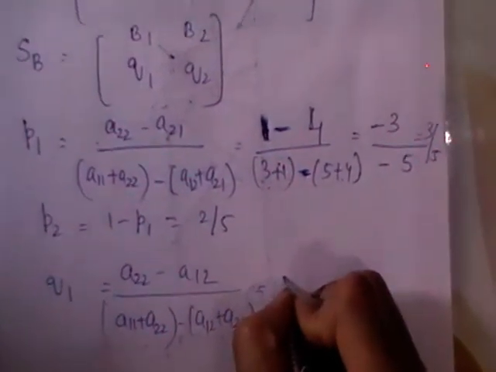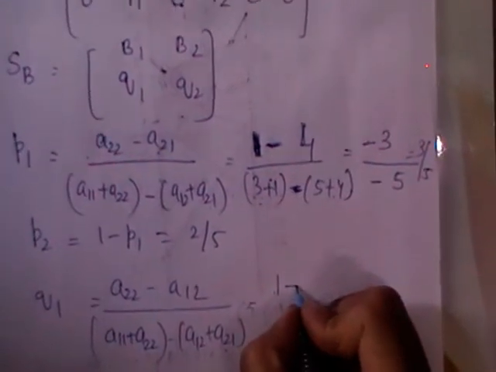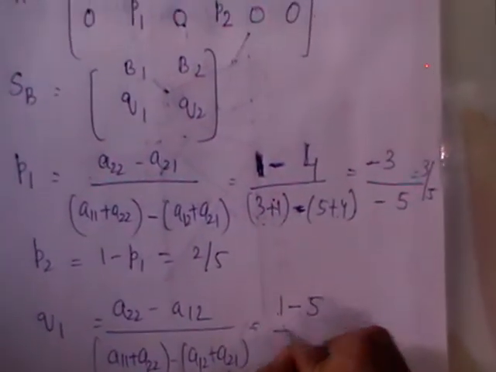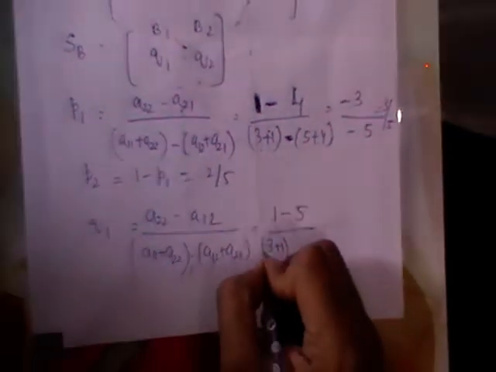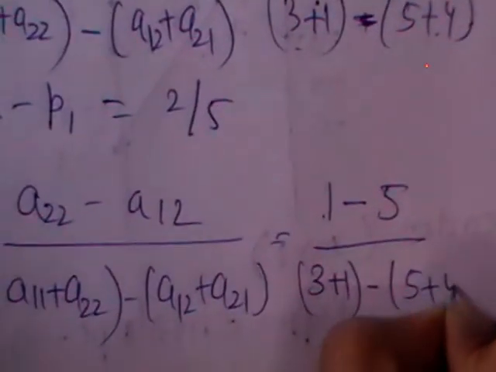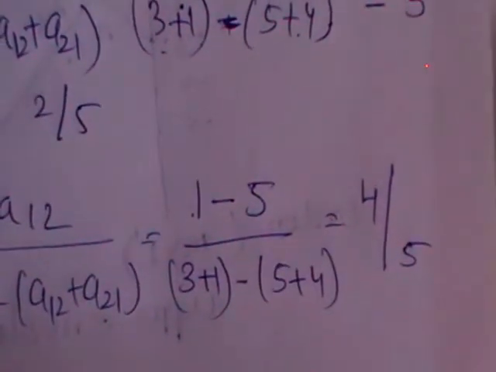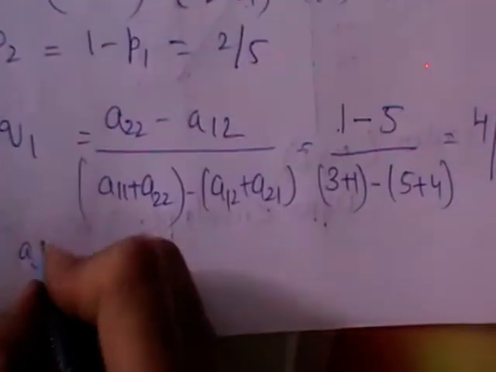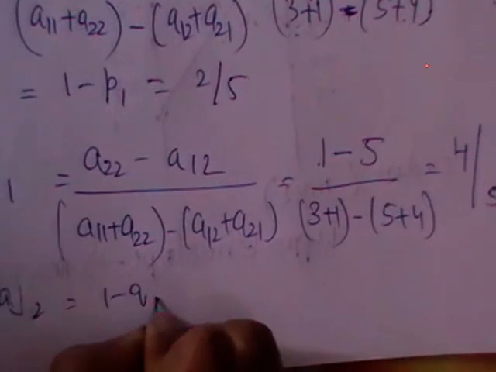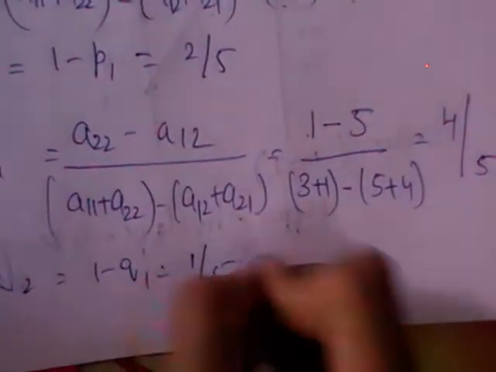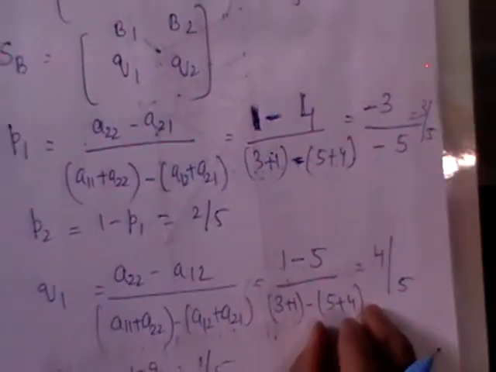What is A22 here? 1 minus, what is A12? 5, divided by 3 plus 1 minus 5 plus 4, which is nothing but 4 by 5. The minus signs cancel out. Q2 is 1 minus Q1, which is 1 by 5. So you have calculated P1, P2, Q1, Q2.